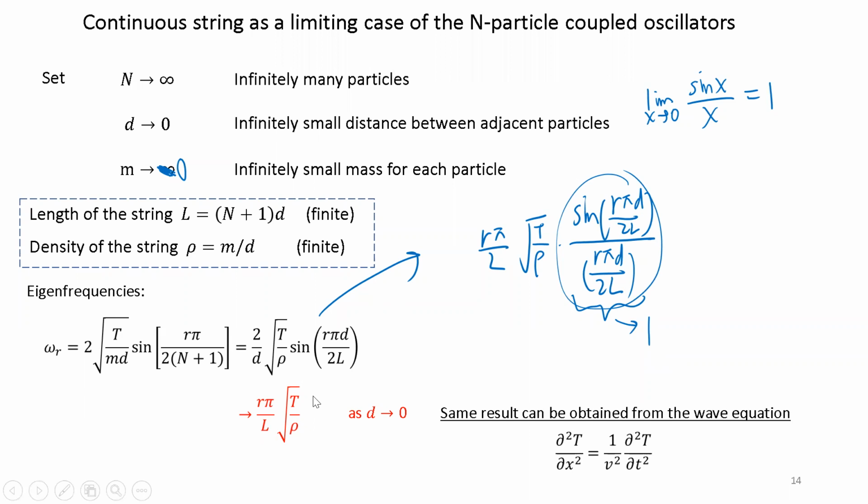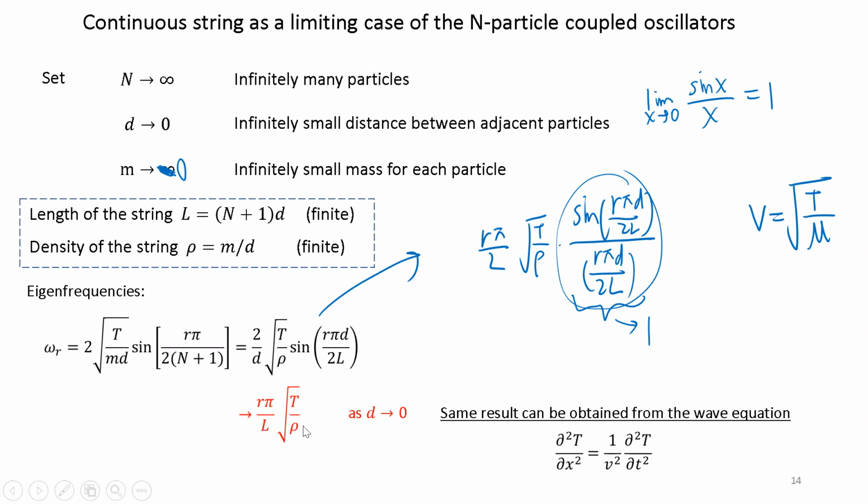I think this formula is something that you have seen before. If you have learned about the speed of a wave propagating in a string, you might have seen this formula: the speed of the wave is equal to the square root of tension divided by mu. Mu is the mass per unit length, which is my rho over here.